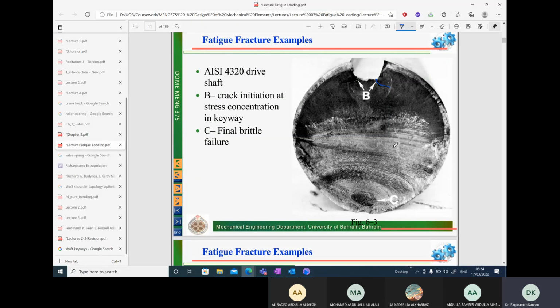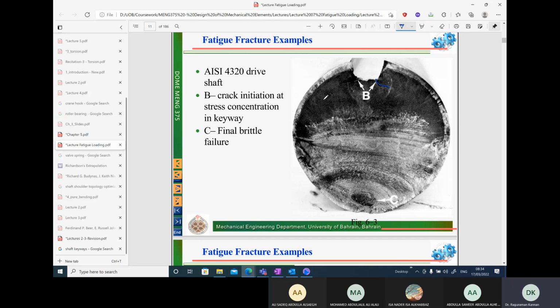This entire area you can consider as a crack initiation area. You can see the beach marks here. So all these convex marks are beach marks. And finally, this part of the shaft was in contact before brittle fracture. This is the final stage. Here the brittle fracture happened.